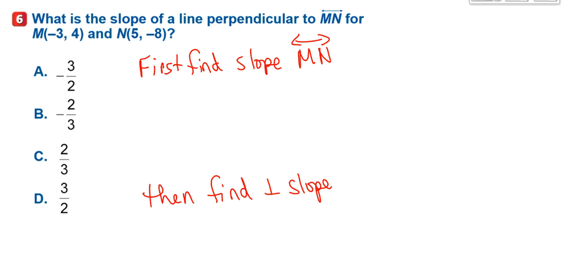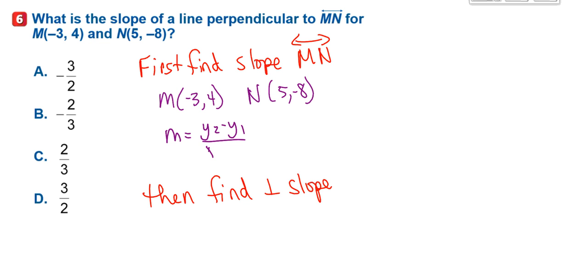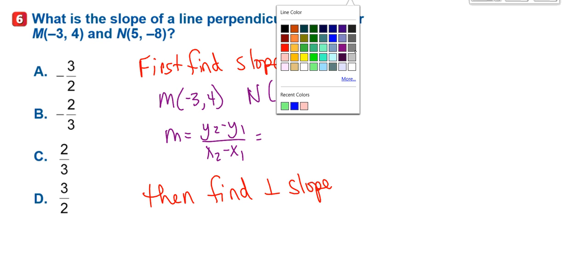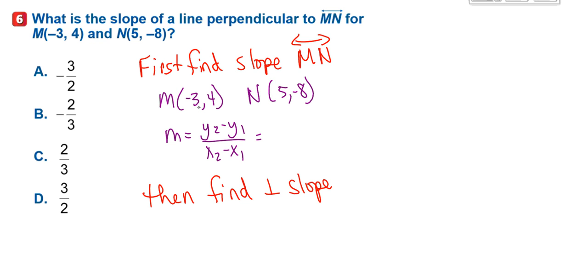And so M is (-3, 4). N is (5, -8). Slope m equals y2 minus y1 over x2 minus x1. And you know, I label these all the time, x1, y1, x2, y2, so I know what they are, do you? And so that's going to be -8 minus 4 over 5 minus -3.